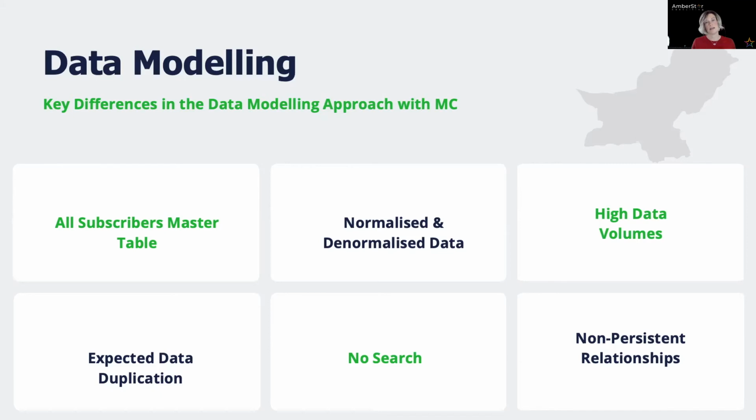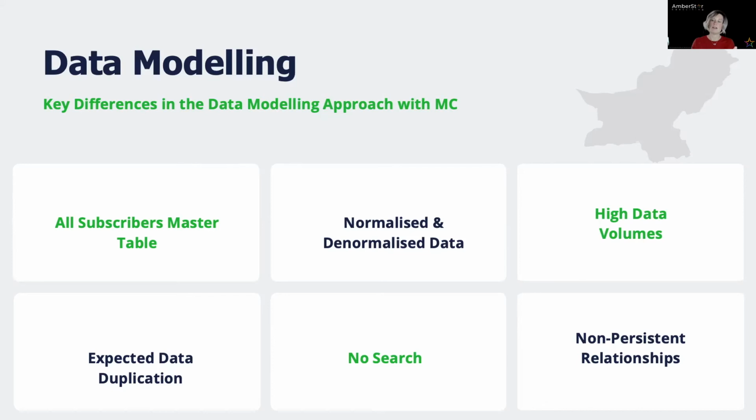So what it means is that a person's personal identifiable information can be both in the active contact model, but it can be repeated in multiple different places in multiple different audience lists, which means that the volume of data in Marketing Cloud can increase quite significantly.